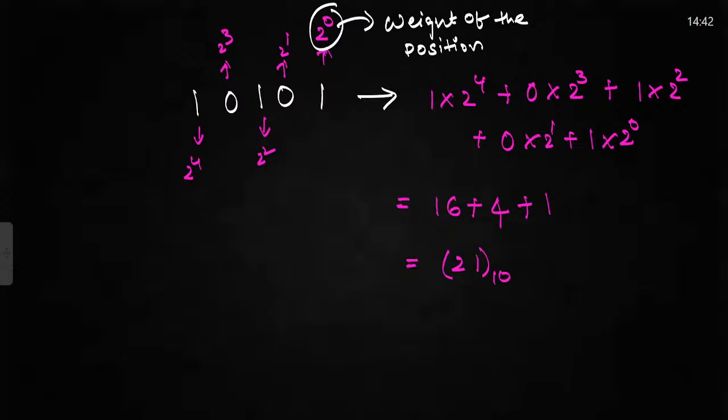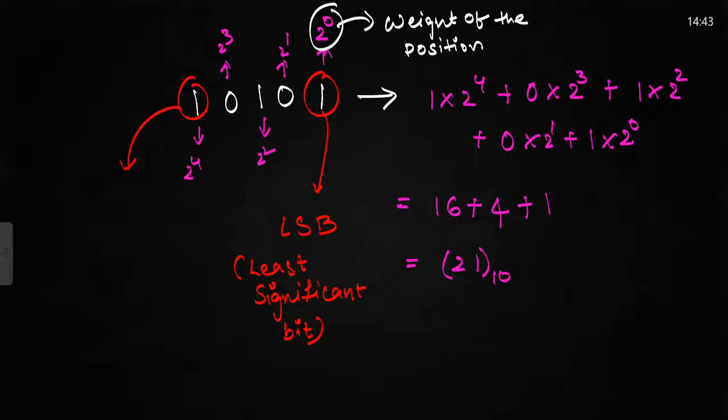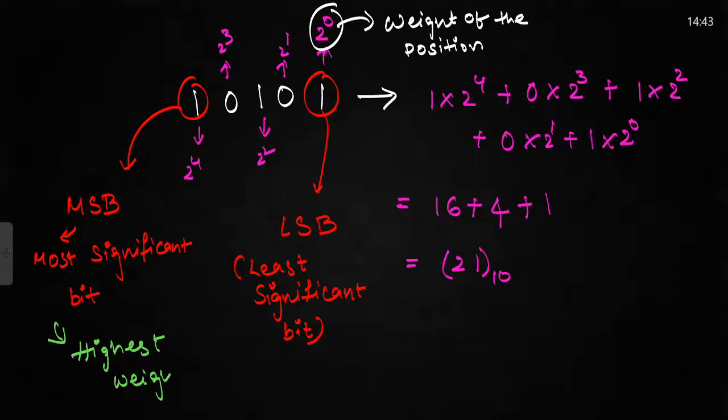So we will call this one LSB, which means least significant bit, and we will call this one MSB, which means most significant bit, which means most significant means I am having the highest weight, and this is the lowest weight. So I think you understood MSB and LSB.